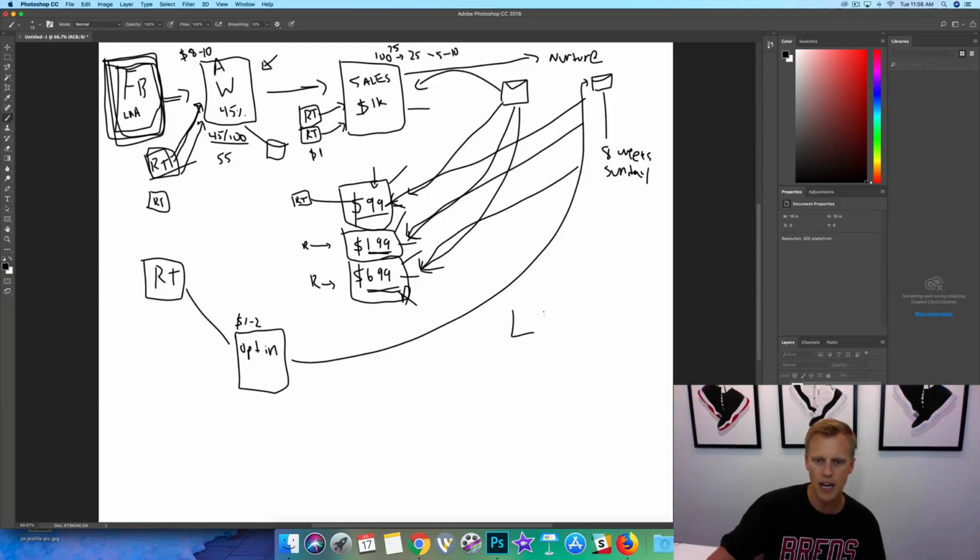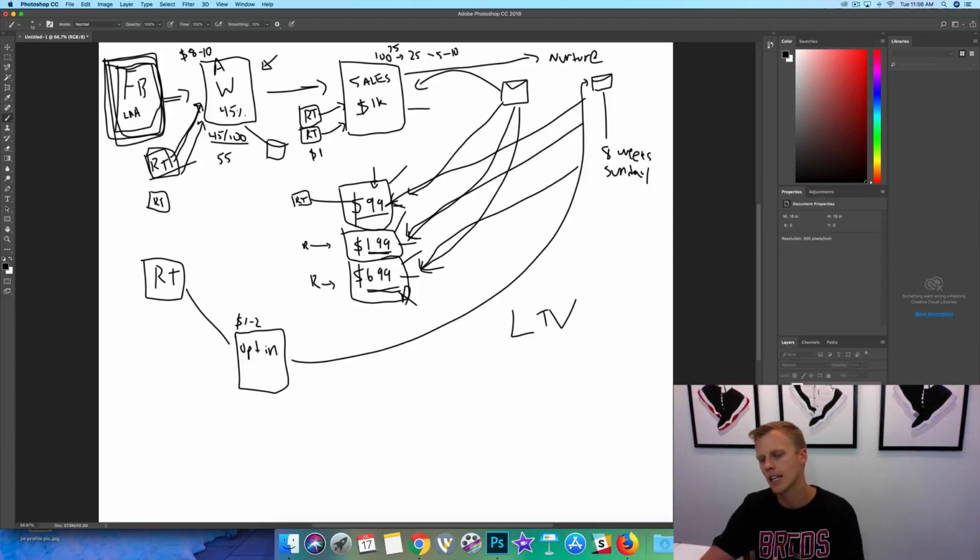And then we also talked about the lifetime value. If somebody jumps on this full service account right here, and they're on for 12 months, so they're paying $700 a month times 12 months, they have paid your business $8,400 over the course of a year, versus somebody jumps on this $99 plan.